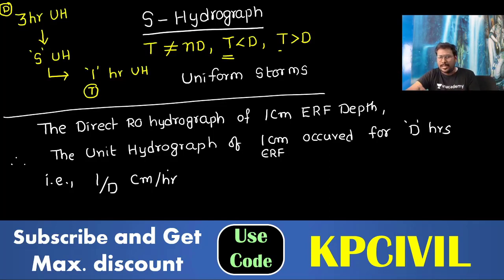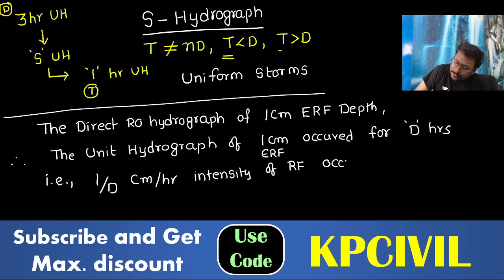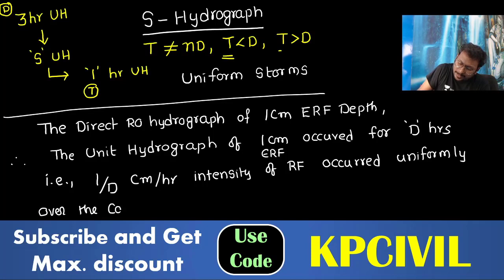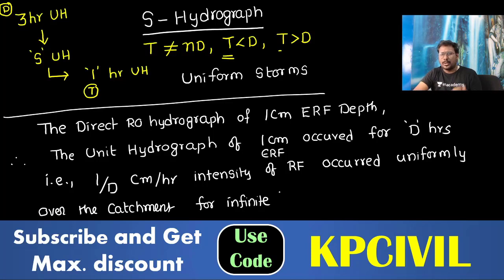That is the intensity of rainfall, occurring uniformly over the catchment for an infinite duration. Infinite means a very long time.